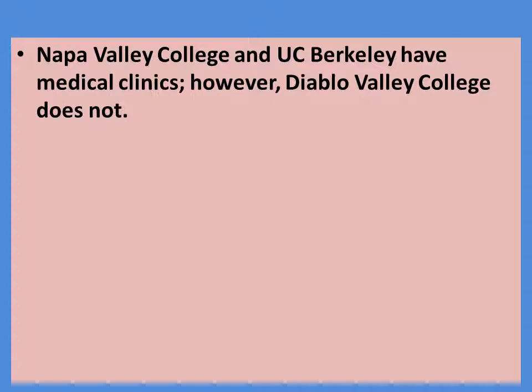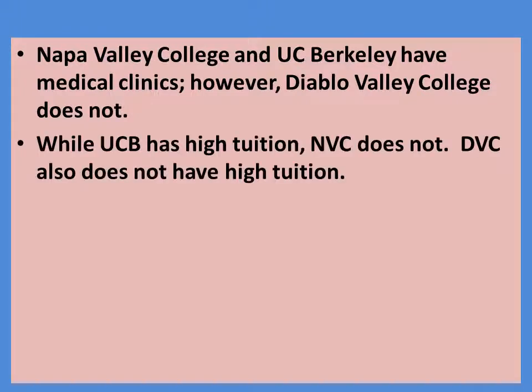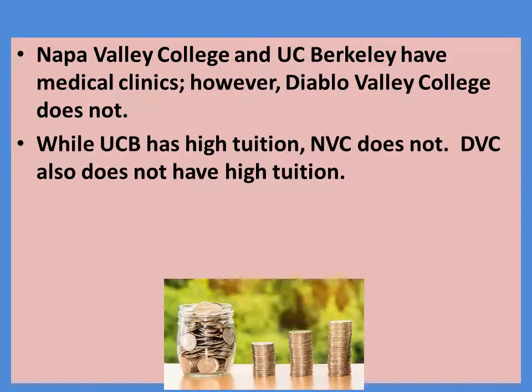However, Diablo Valley College does not. So again, we have the simple word and showing what's the same, and however showing what's different. While UCB has high tuition, NVC does not. DVC also does not have high tuition. So while shows the contrast and also shows what's the same.